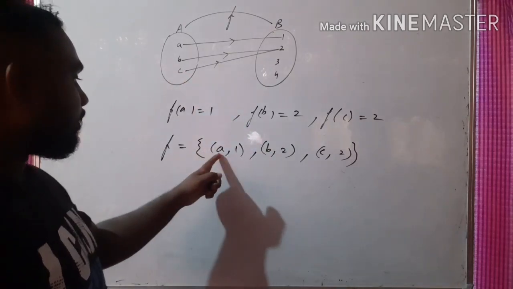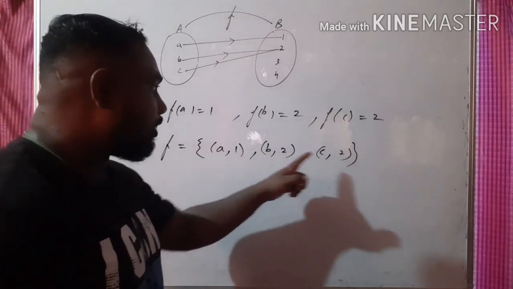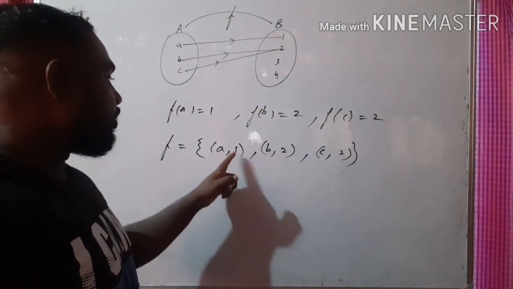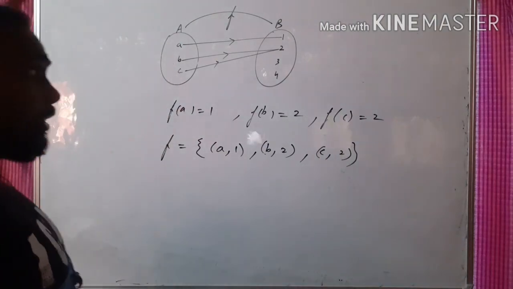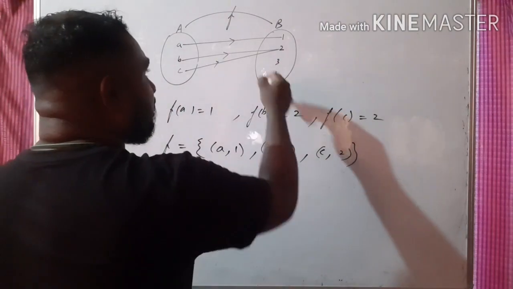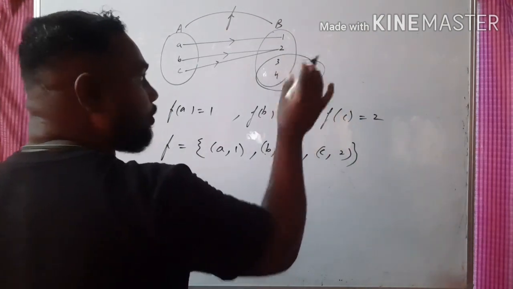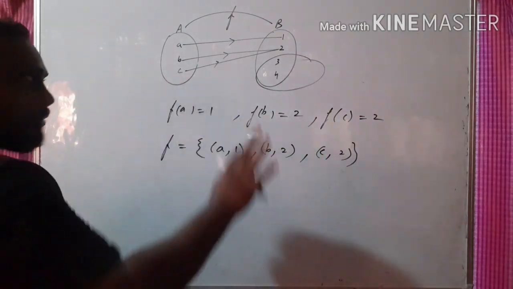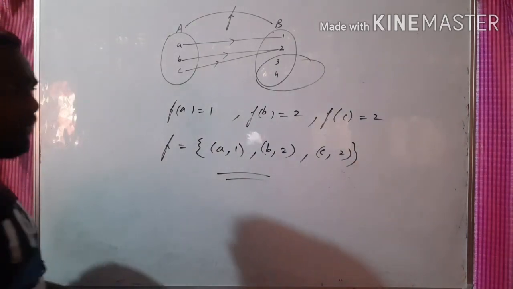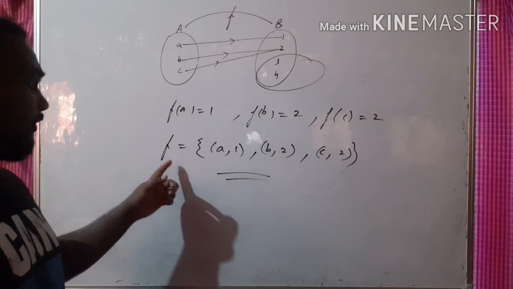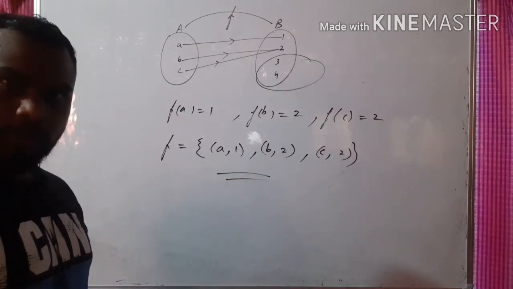So A has a unique element in B. These elements are from B. So A is going to a unique element, B is also going to a unique element, C is going to a unique element. Okay. So you know that the second set elements can be left out. It's okay. In a function, it is possible. But here the elements should not be left out. Okay. So we can write in the set form like this. F can be written in the roster form like this. The elements are ordered pairs. Okay.